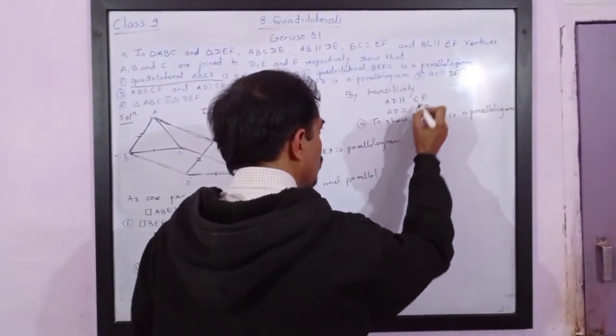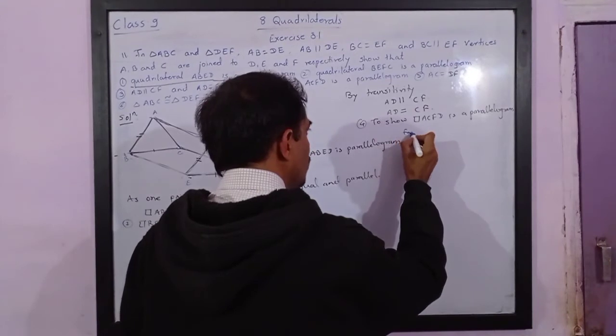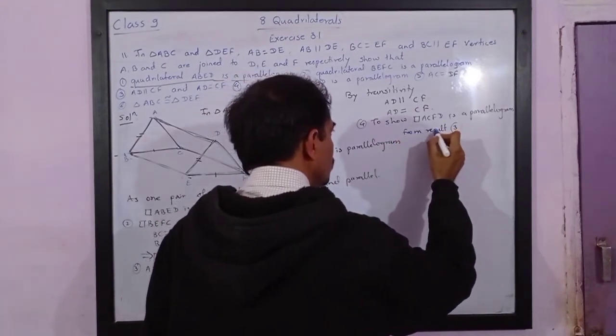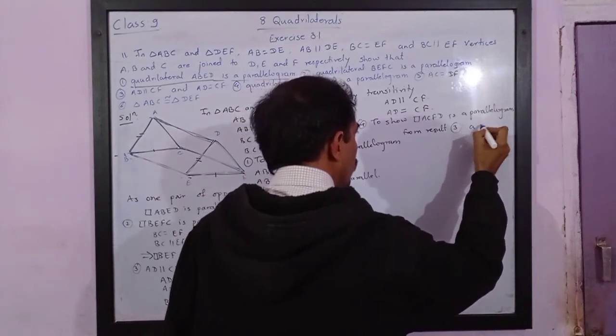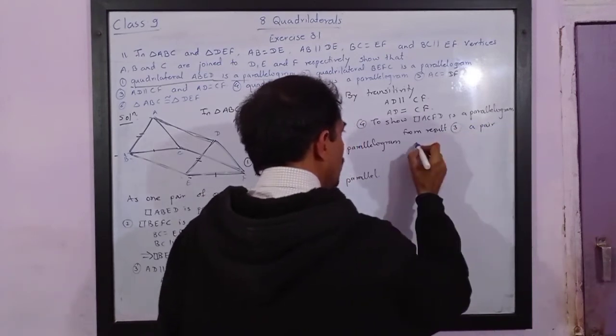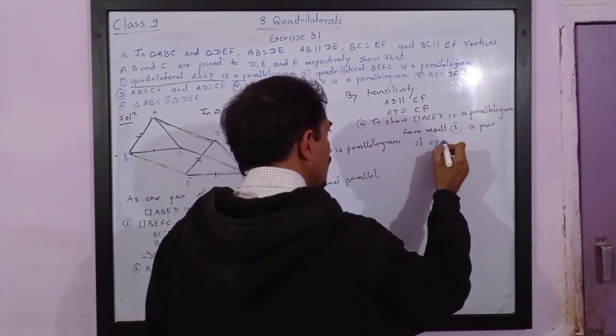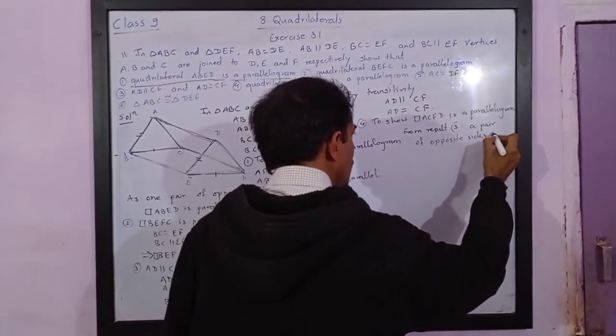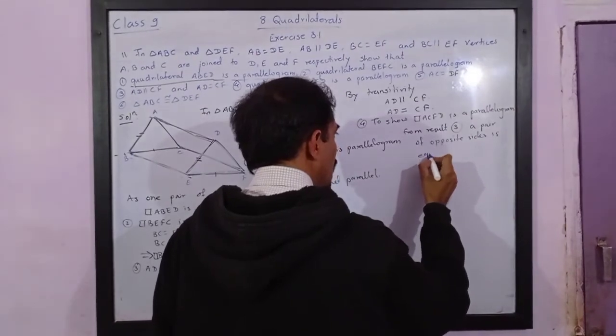So from result 3, a pair of opposite sides is equal and parallel.